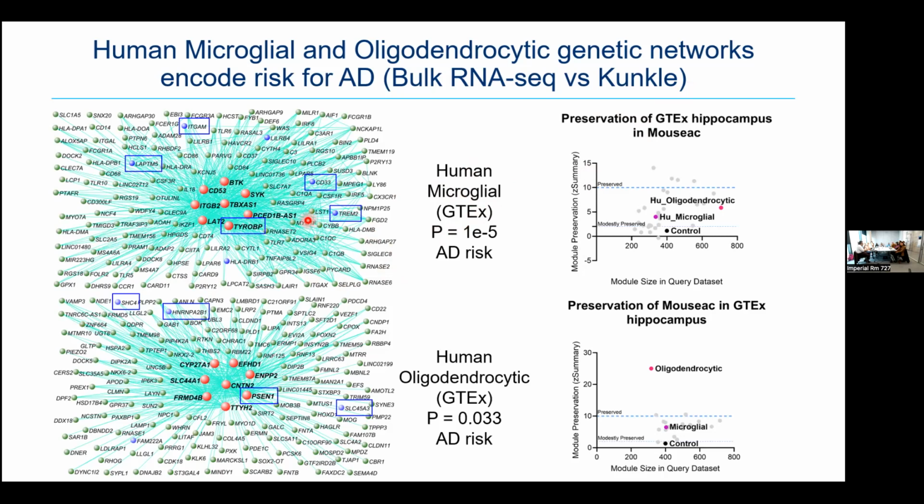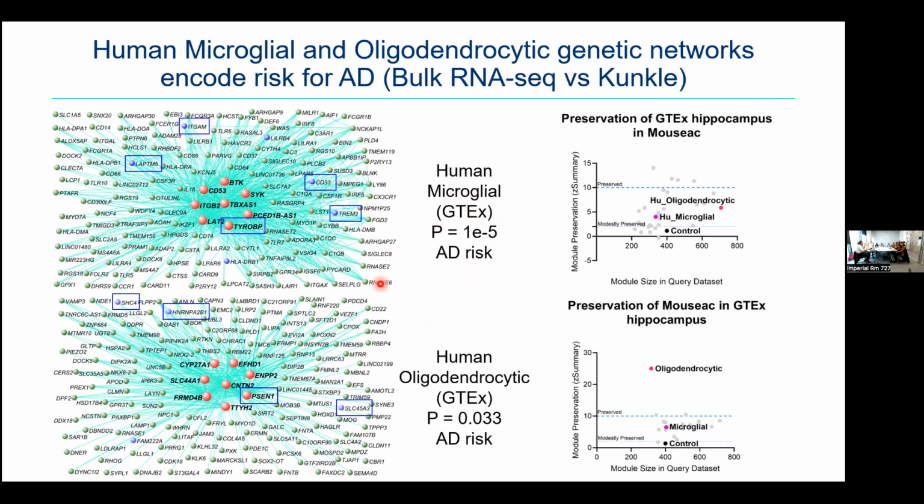It looks quite familiar to those of you that study microglia, TYROBP as a hub, TREM2 is here, CD33. Some of the other putative risk genes that I mentioned before, LAPTM5, CD11B is here as well. And this is the p-value here, so significant for Alzheimer's risk.